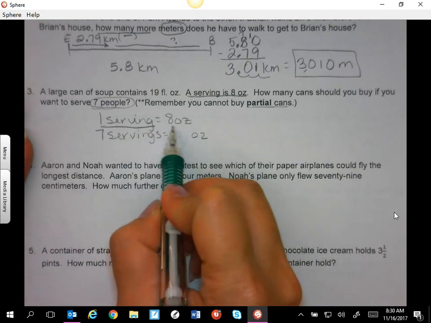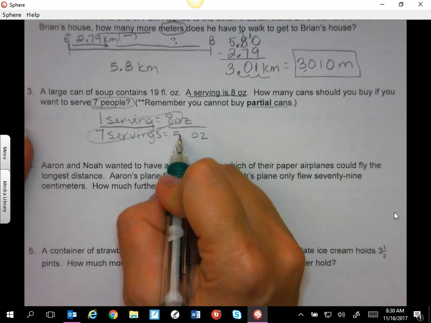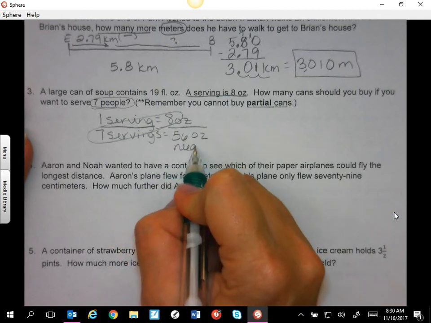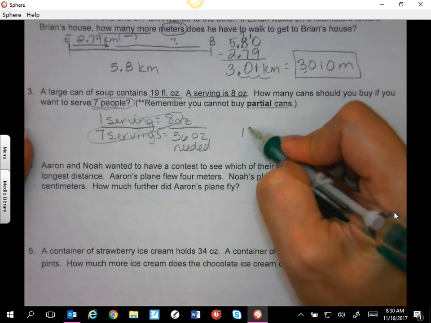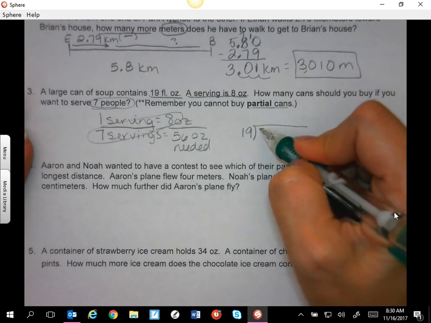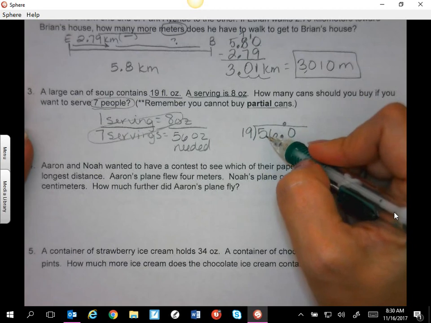I can make a proportion there if I want, or I know I just need to do 8 times 7. So I need 56 ounces. Well, if each can is 19 ounces, I'm going to need to say 19 into 56. 19 does not go into 5.